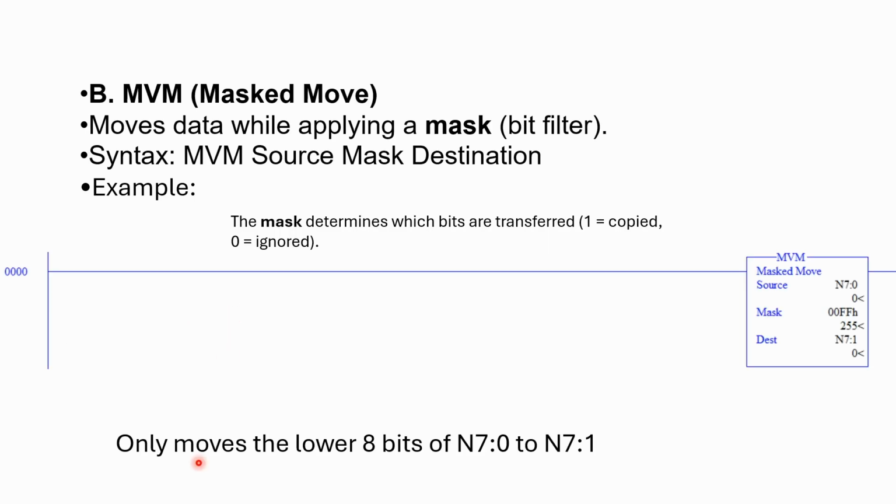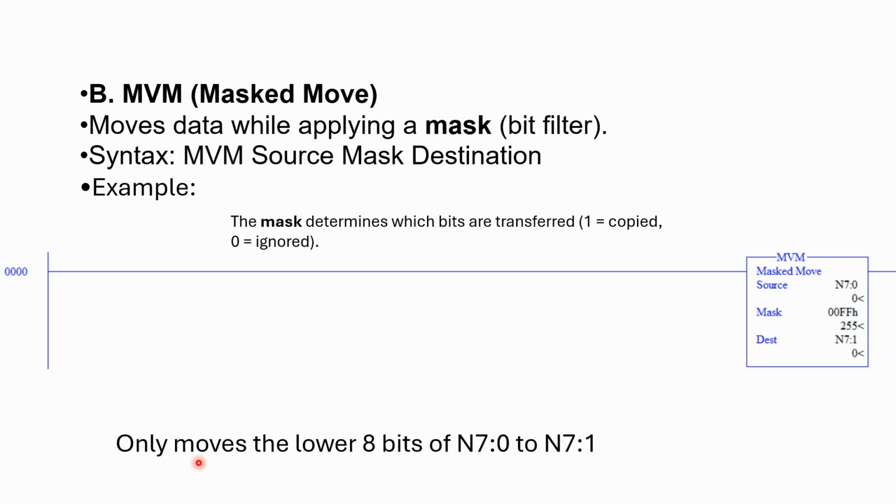Another instruction that we've got here is the masked move, MVM. It moves data while applying a mask, like a bit filter. The mask determines which bits get transferred. If there's a 1 in a particular bit location, the corresponding bit from the source will get passed on to the destination.